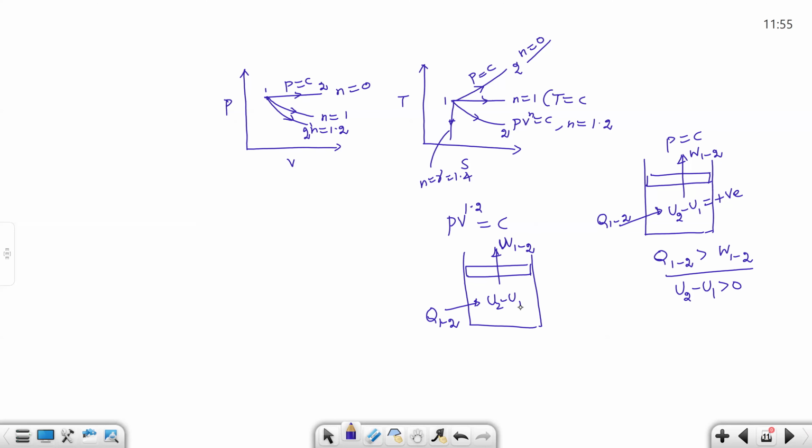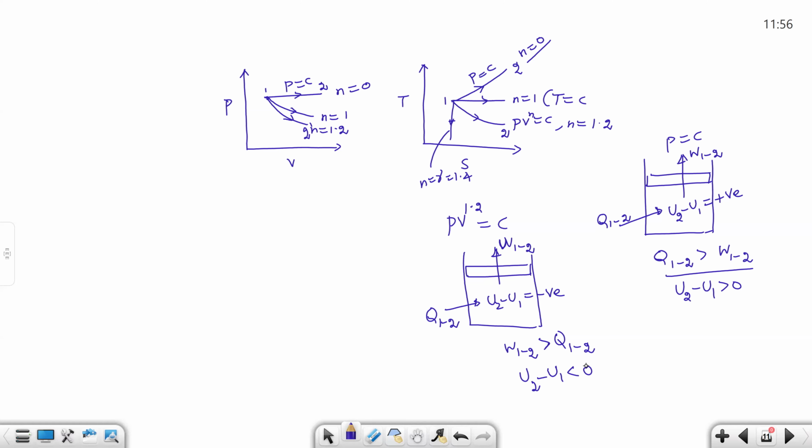For a polytropic process in the TS diagram, PV power n constant, n 1.2, the temperature is reducing, so this will be negative. When this is negative, the work output will be more than the heat supplied. That is why U2 minus U1 will be less than 0, negative.